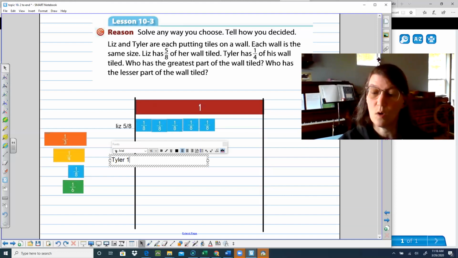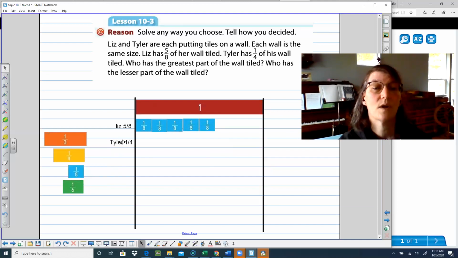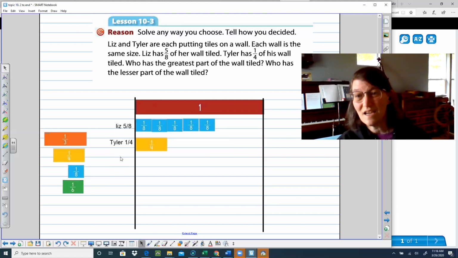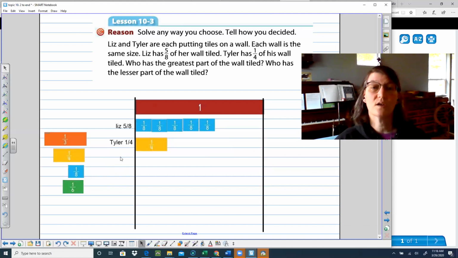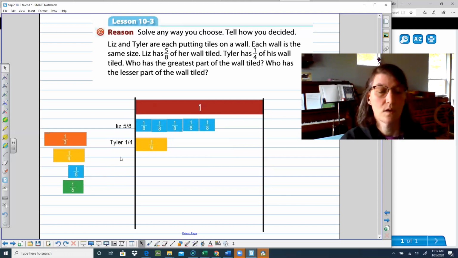And Tyler has 1/4 of the wall built. So whisper out into internet land how many of those 1/4 pieces I need to go grab. And hopefully you just said 1. So now I need a statement about who has the greatest part of the wall tiled, and I want to use the question in my answer.